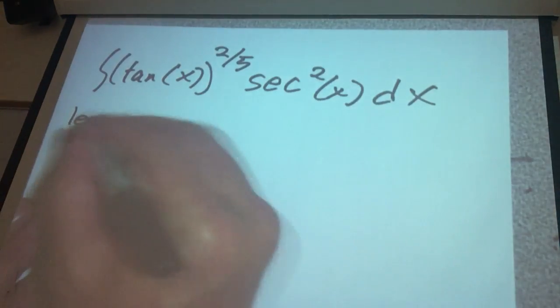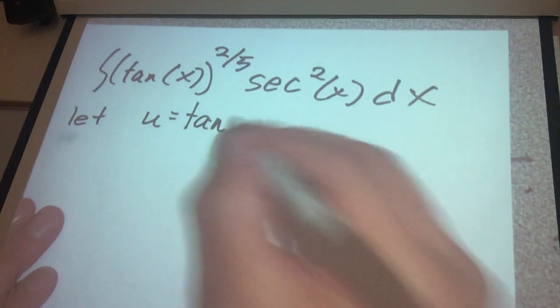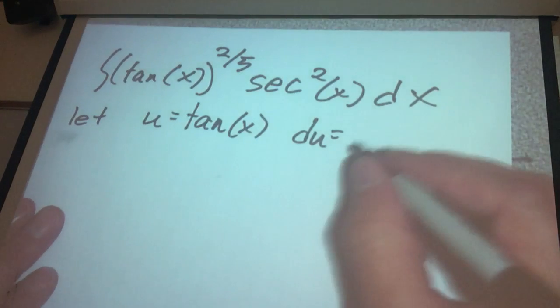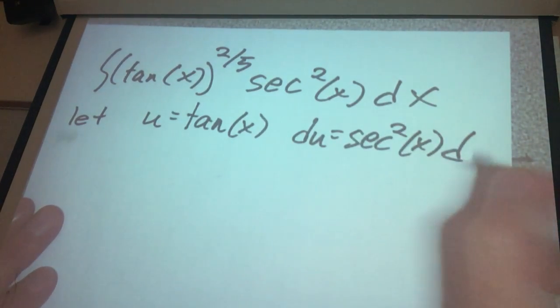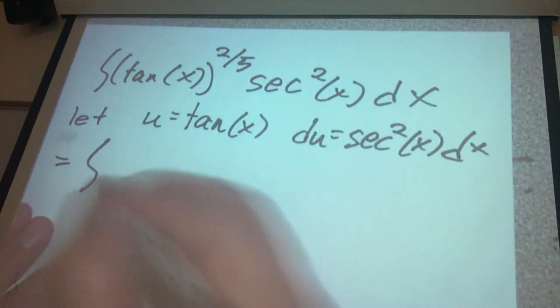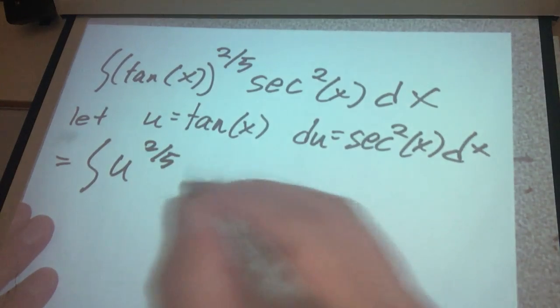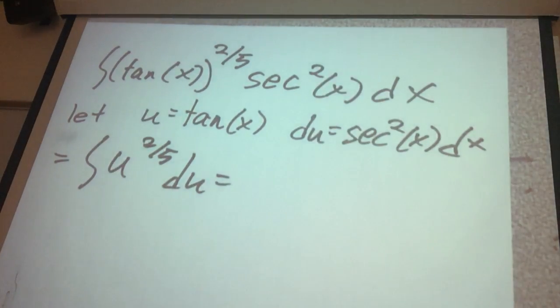And so I'm going to let u equal tangent of x, so that du is going to equal secant squared x dx. And so this is going to become the integral of u to the 2 divided by 5 du.